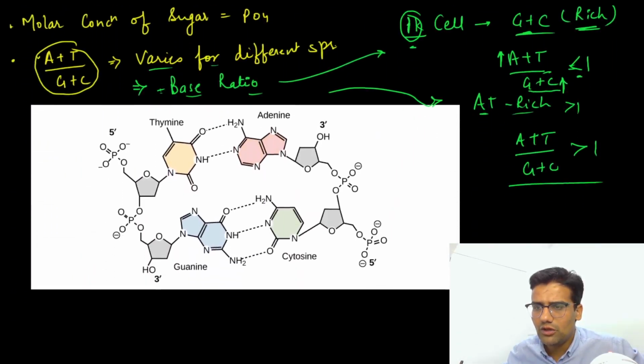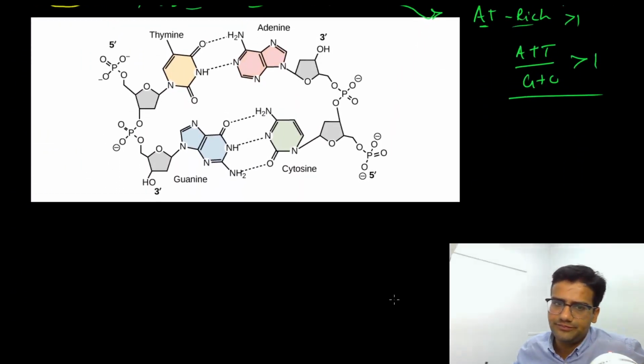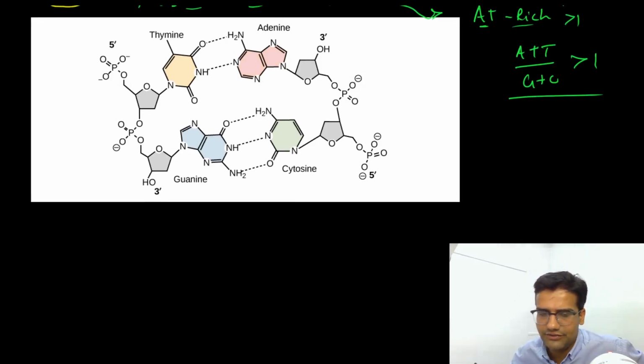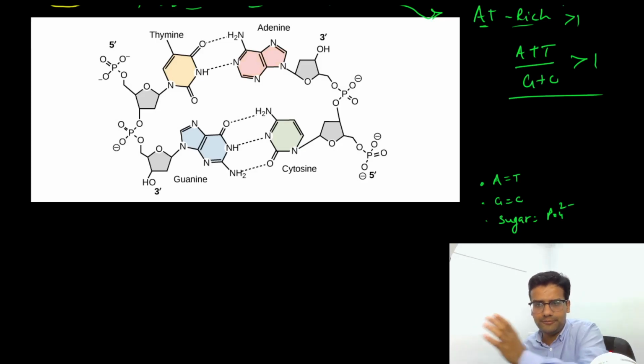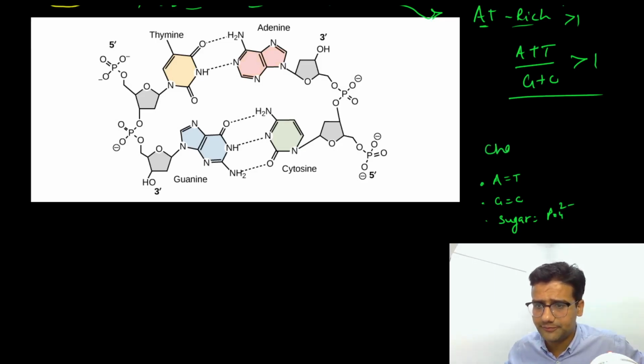So if we talk about the Franklin and Wilkins structure and Chargaff's rule, they already realized that the adenine amount is equal to thymine, the molar concentration of guanine is equal to cytosine, and the molar concentration of sugar is equal to phosphate. This was derived from Chargaff.